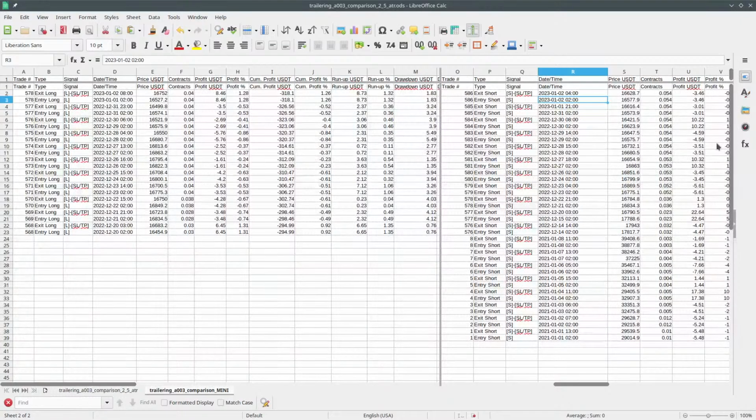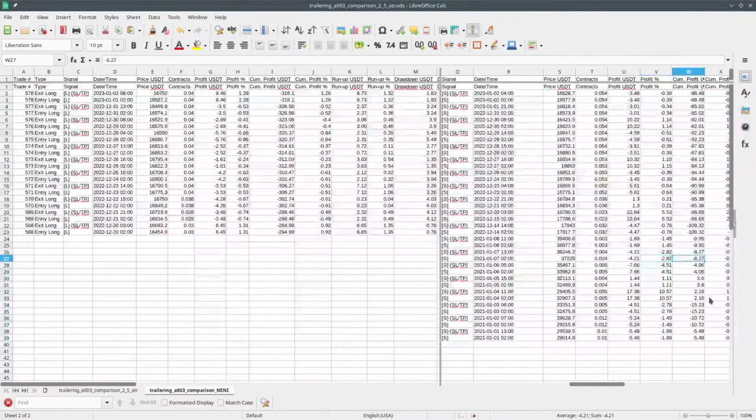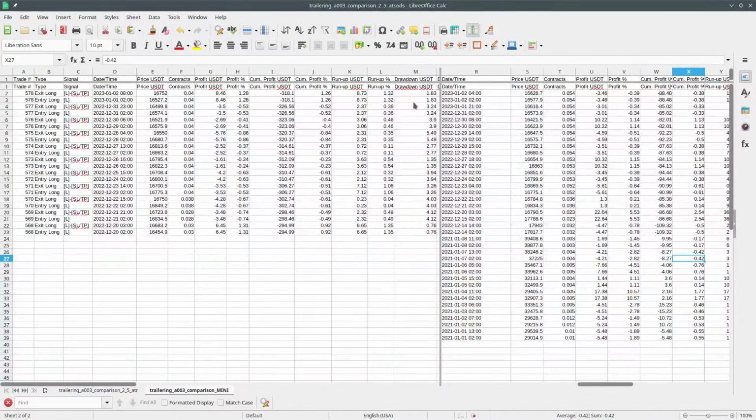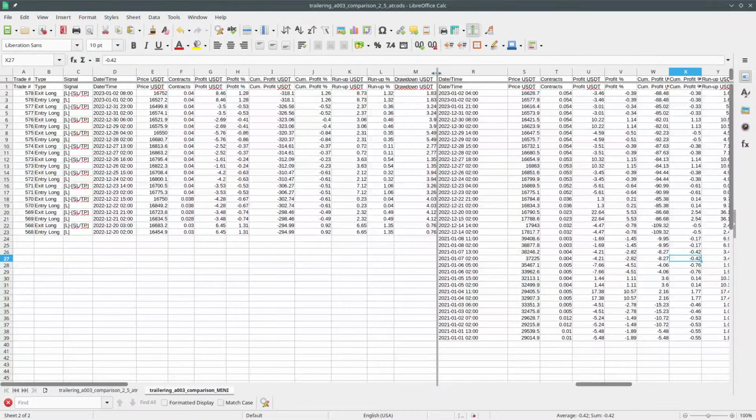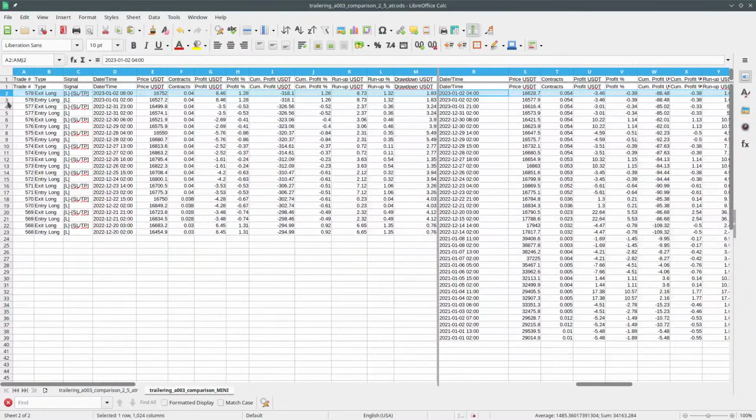I think it's better if we don't remove it. So this is 2 o'clock. So let's move this to the right so that we can take a look a bit better. So let me see. Entry long. So it's 2 o'clock. Okay. I mean, is it the same trade?